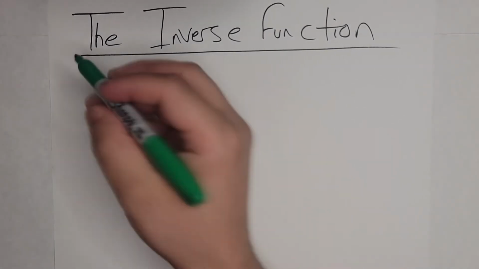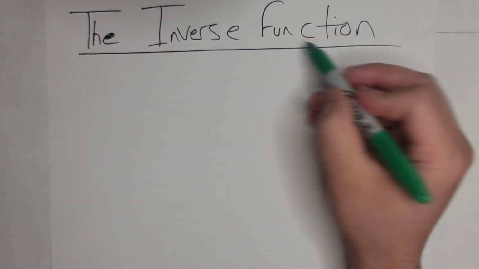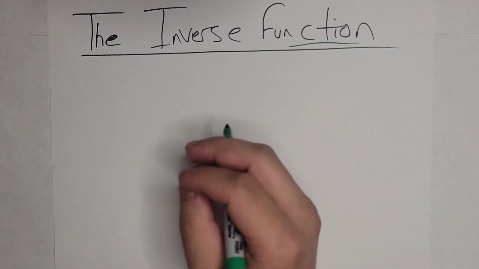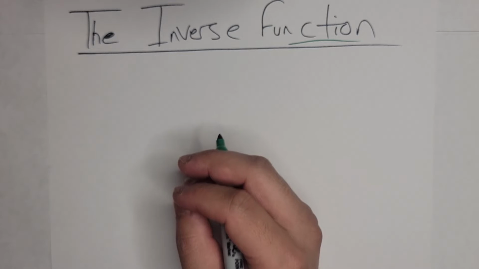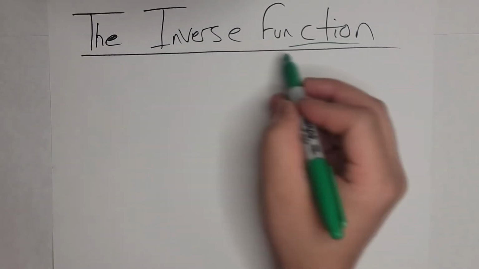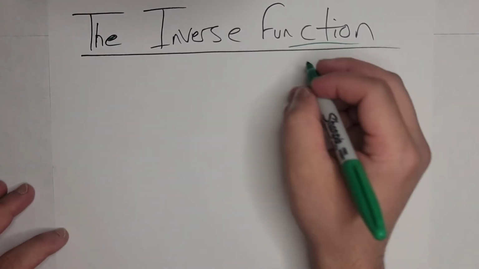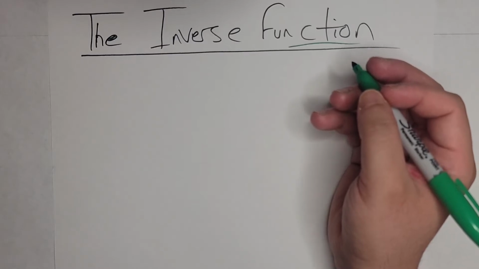Okay, so in this video we're going to be looking at the inverse function. It sounds a lot more complicated than it actually is. An inverse function is the reverse of an original function, which is exactly what it is supposed to be.